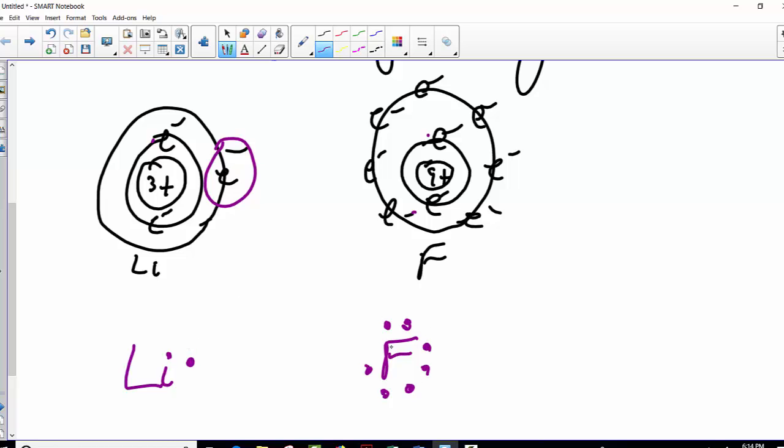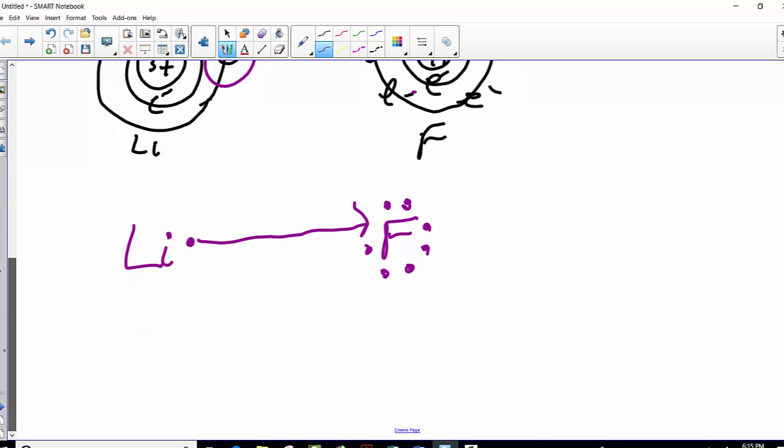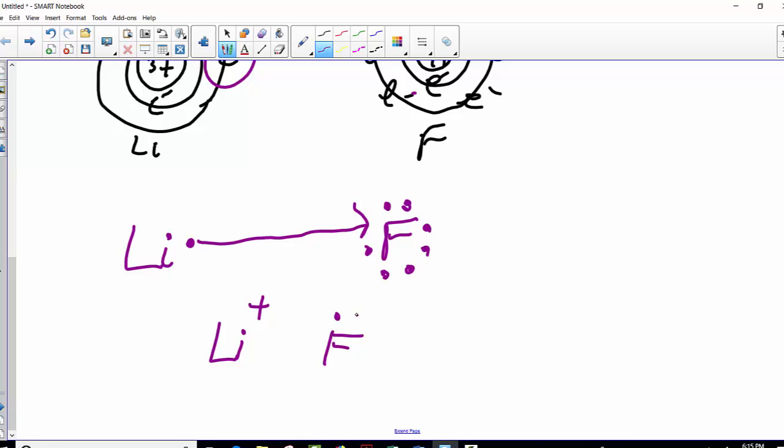Fluorine has 7 electrons. It wants 8. So it can have a filled shell by gaining an electron. So lithium loses its electron. Fluorine picks it up. So remember, in an ionic bond, there's no sharing of electrons here. This is a kidnapping, a snatch and run mission. This electron here that was over in lithium has left lithium permanently and gone to fluorine.